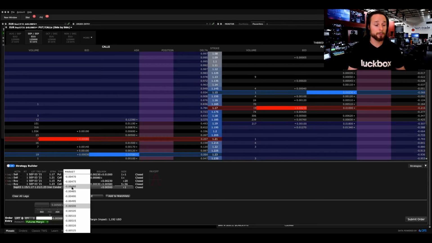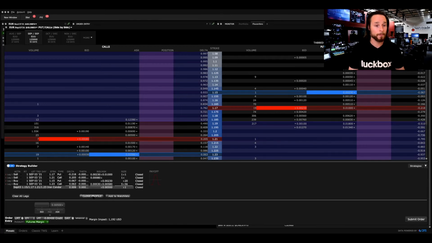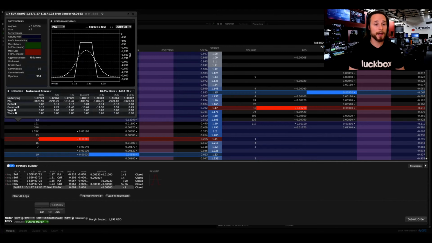And if I put in an approximate price here, remember I'm trying to aim for a credit of 0.004 points. There's the margin impact, only $1,100 in buying power. There's the profile. Again, this is an iron condor risk graph here, so I want the underlying price to stay in between here. It's not populating all these numbers, I guess, because the markets are closed right now.